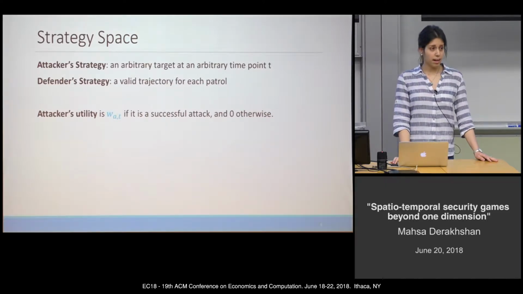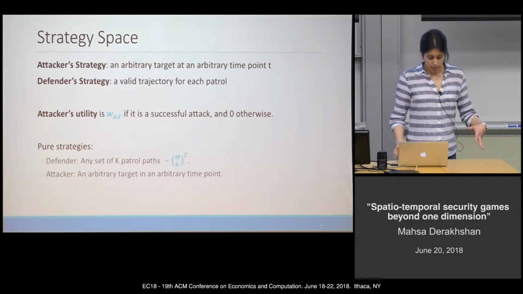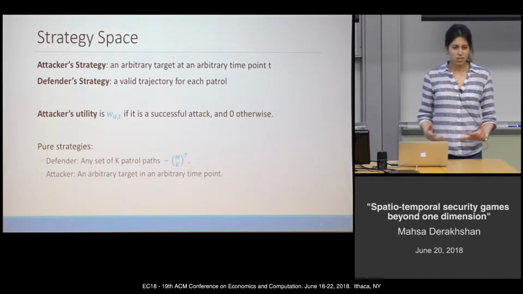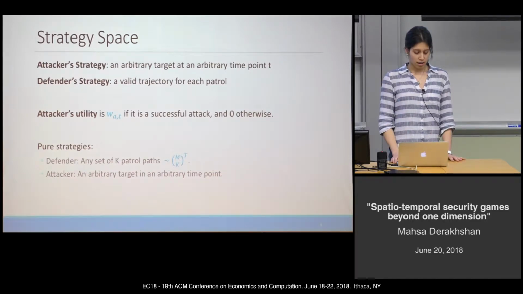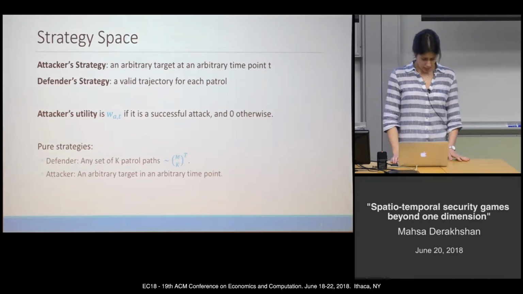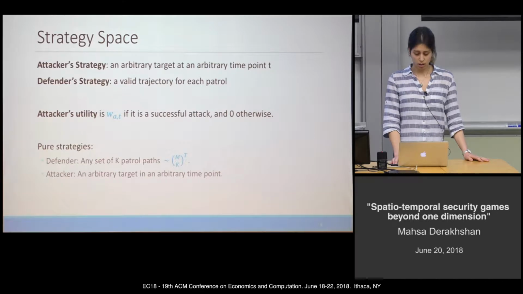The utility of the attacker is equal to the weight of the target if the attack is successful, and 0 otherwise. The goal here is to find the maximin strategy of the defender, but as we see here, the number of pure strategies of the defender is not polynomial in the input size, even in just one time point. So we cannot use classical LP methods to solve this problem.